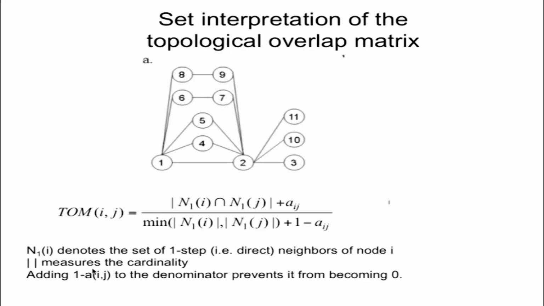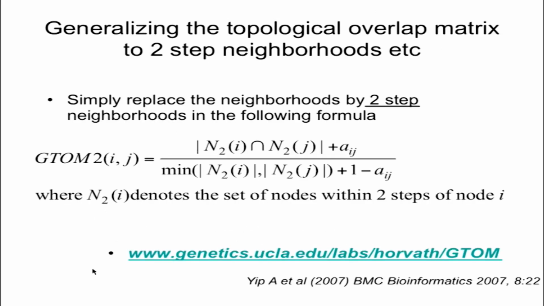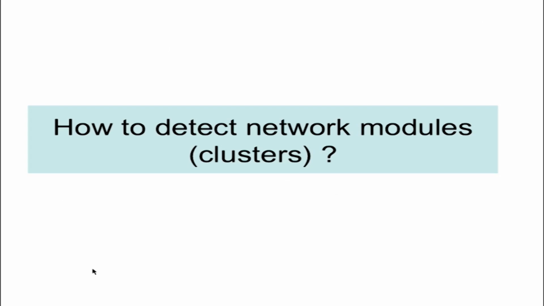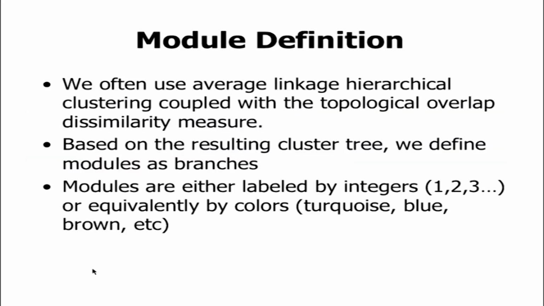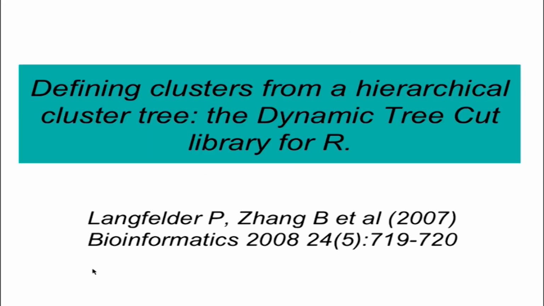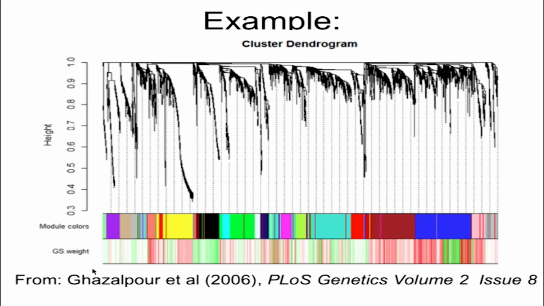Let us now come to the topic of how do we detect network modules, meaning clusters. Well, as I mentioned, we use average linkage hierarchical clustering coupled with this topologic overlap dissimilarity measure. And then we get a cluster tree and we define the modules as branches. For example, here's a cluster tree that I showed earlier, and then the modules correspond to these different branches.